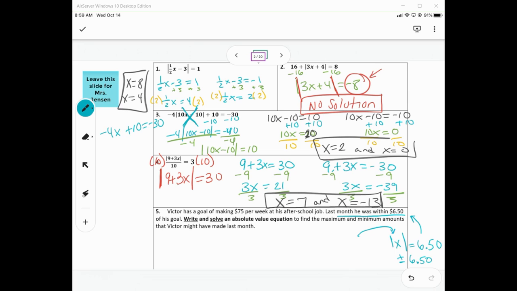Now, the actual contents of what we're taking the absolute value of is always going to be what you have versus what you want.